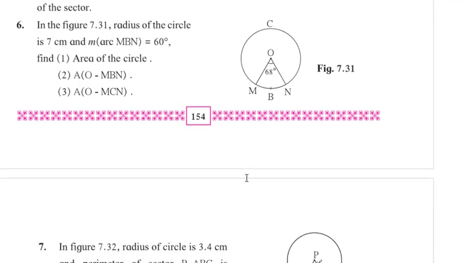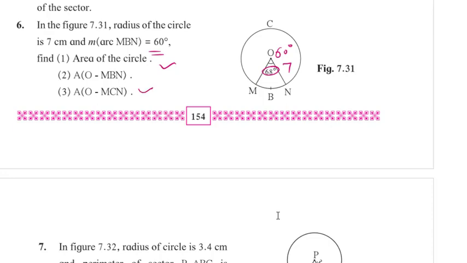Now sixth question, in the figure radius of circle is 7. Here diagram is given, radius is 7, angle theta is given, measure of arc MBN is 60 degree. Here it is written 60 degree, here they have mentioned 68 degree. So consider this as 60 degree. We have to find area of circle, which is pi r square. We have to find area of sector MBN, that means this minor sector, and then we have to find area of this major sector.